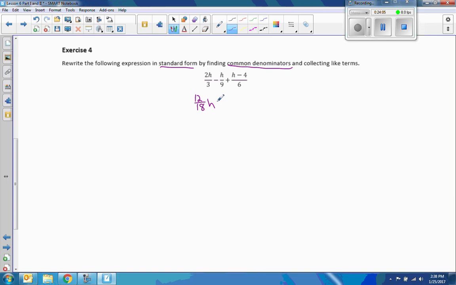Okay, and then the next one is minus, and then we're going to have 18 in the denominator. 9 times 2 is 18, so 2 times h is 2h, and then I can put the h over here as well. And then plus, and 18 again. 6 times 3 is 18, so 3 times h is 3h.